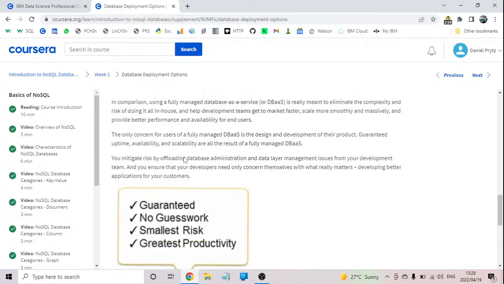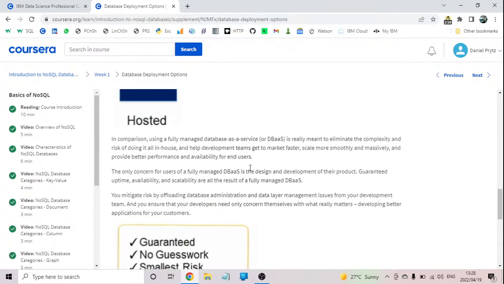All right. So database as a service. Where were we? The only concern for you, in comparison, is your company's product: guaranteed uptime, availability, scale, at all levels. Mitigate risk by offloading data management from your development team, and you ensure your developers need only concern themselves with developing better applications for your customers. In comparison, it's really meant to eliminate the complexity and risk of doing it all in-house and help development teams get to market faster, scale more smoothly and massively, and provide better performance and availability for end users.